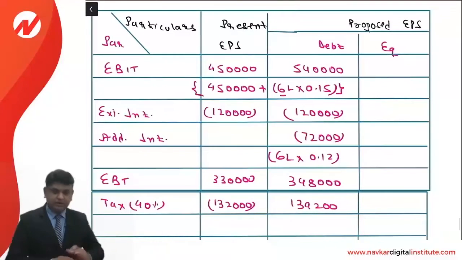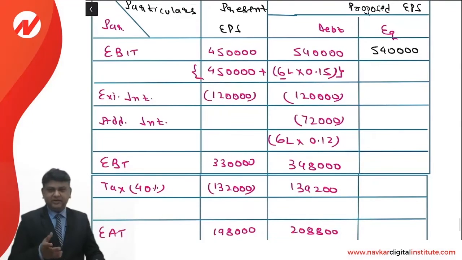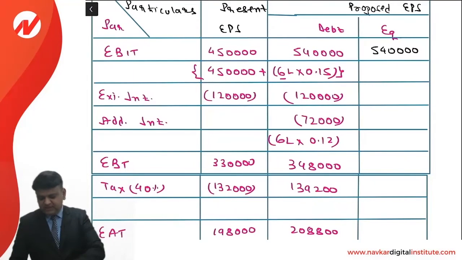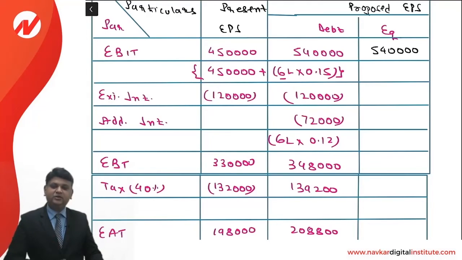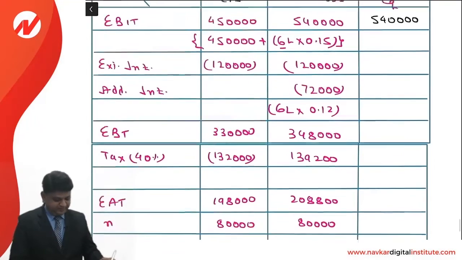Next, if you raise the additional financing by equity, again the EBIT is going to remain same, 5,40,000. Only for understanding purpose I am telling you, 30 lakhs is current capital employed plus 6 lakhs. Total it is 36 lakhs into 15%. That is also the way you can compute EBIT.